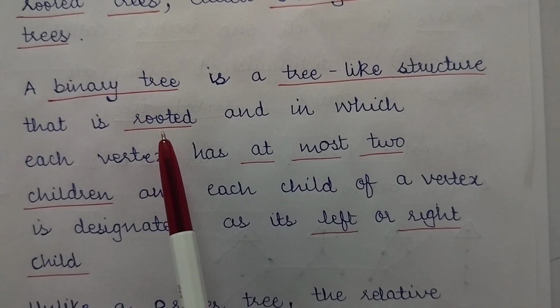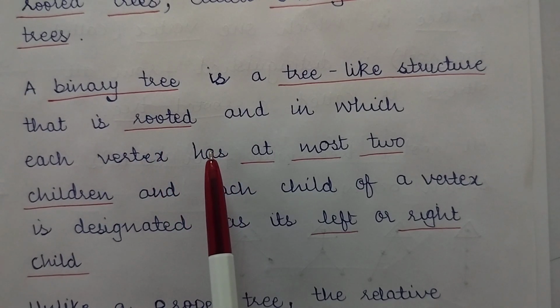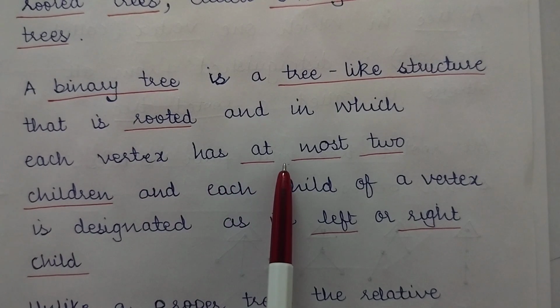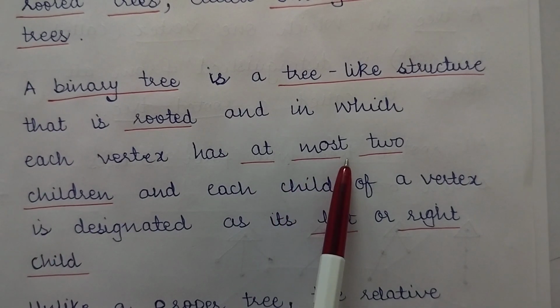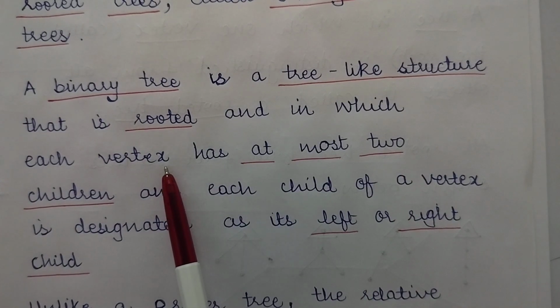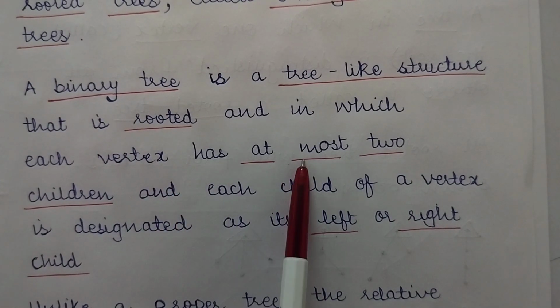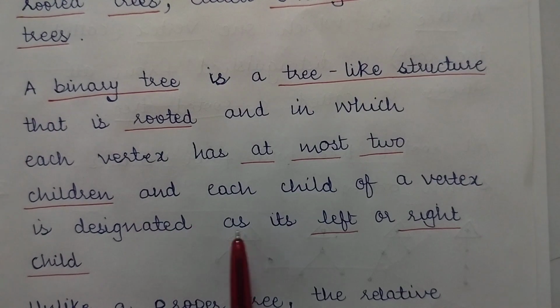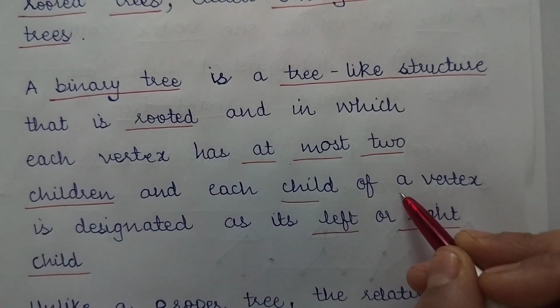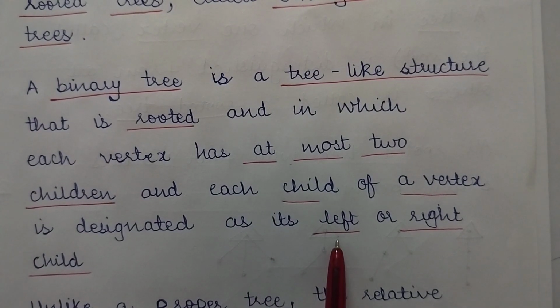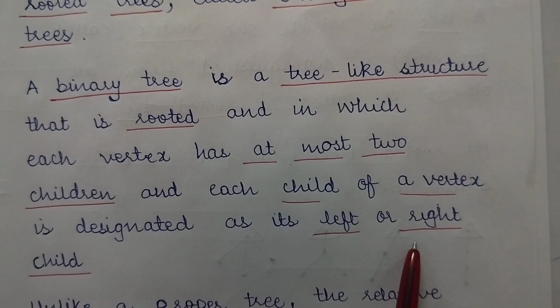And then when I say binary tree, the condition holds that it is such a rooted tree in which each vertex has at most 2 children. No vertex can have more than 2 children. They can have less than 2 children, but they cannot have more than 2 children. So every vertex in a binary tree has at most 2 children, and each child of a vertex is designated as its left or right child.